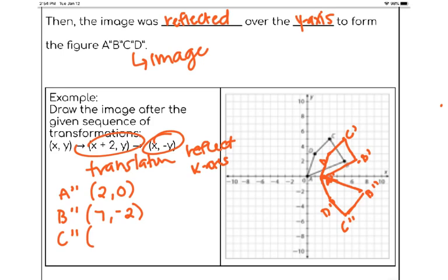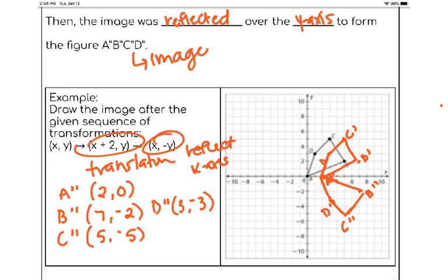C double prime is at 5, negative 5. And D double prime is at 3, negative 3. Okay, so those are our new points after our sequence of transformations.